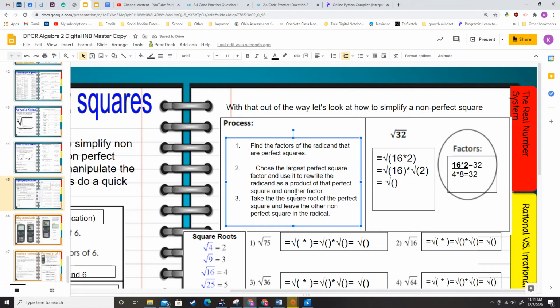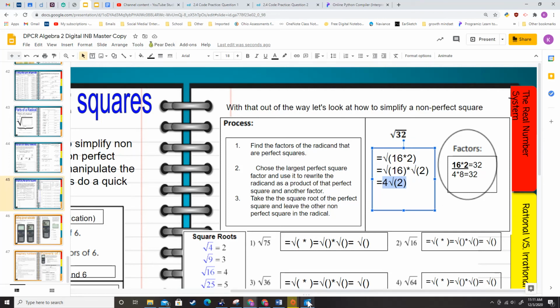So what this means is there's one of these numbers I can take the square root of, that's 16. So I go through and take it. The square root of 16, we know, is 4. Now over here to the right, we know that we can't take the square root of 2. So since we can't, we're going to leave it as just the square root of 2. So both of these are equal to what we had at the beginning, the square root of 32.